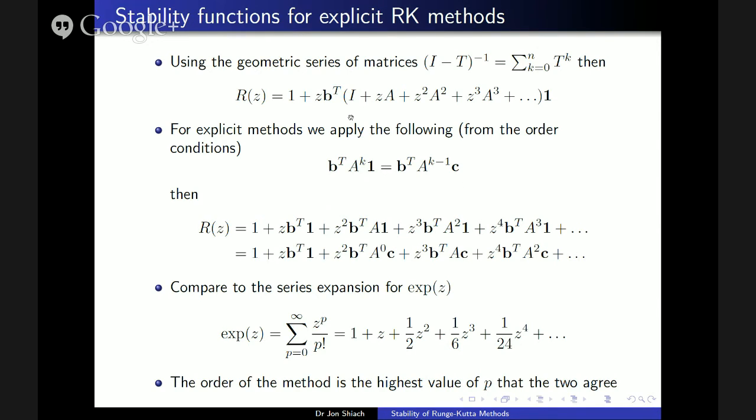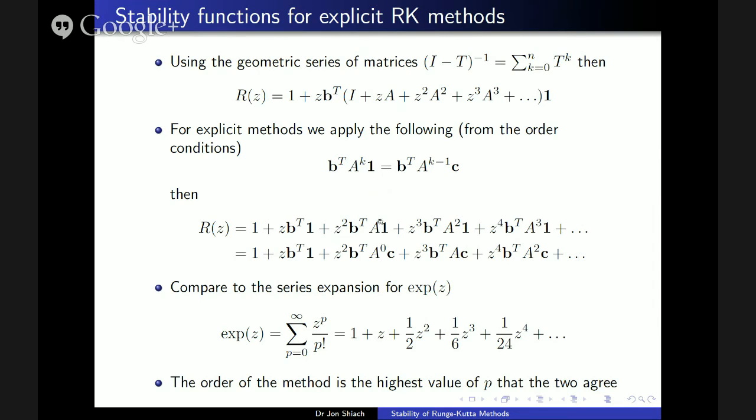By the way, all this is only for an explicit method. So we have this geometric series of matrices. If I expand out this bracket here, I'm going to get Z B transpose times I, the identity matrix, plus Z squared B transpose times the vector of 1s, plus Z cubed times B transpose times A times the vector of 1s, etc. Apply that order condition here.